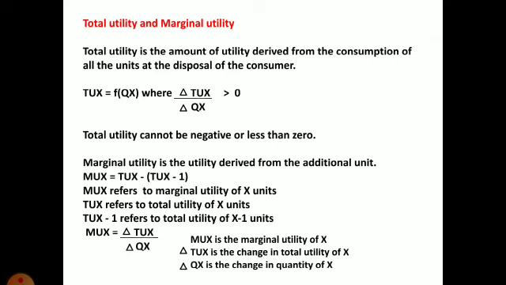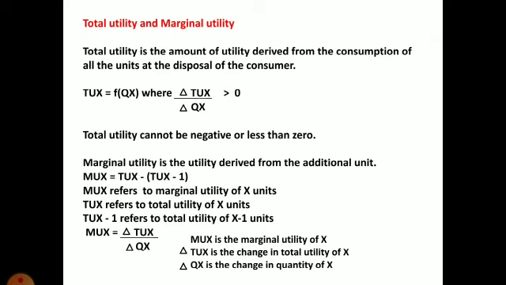Next, we'll try to understand the difference between the two concepts, namely total utility and marginal utility. Now, what is total utility? The amount of utility derived from the consumption of all the units which are at the disposal of the consumer is known as total utility.